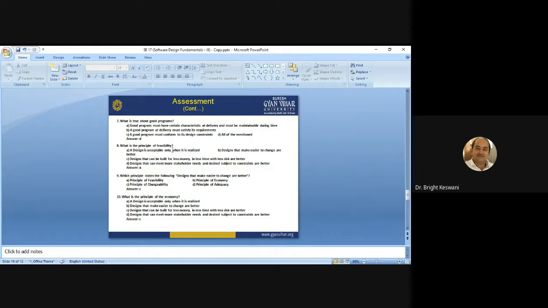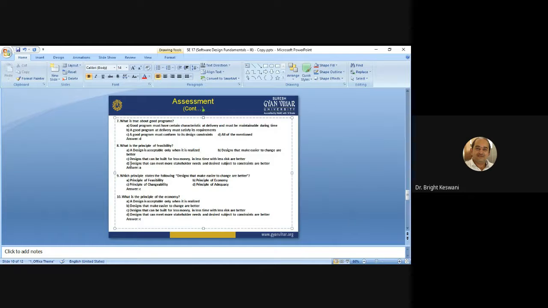What is the principle of feasibility? A design is acceptable only when it is realized. The second option is designs that are easier to change are better. The C option is designs that can be built for less money in less time with less risk are better.